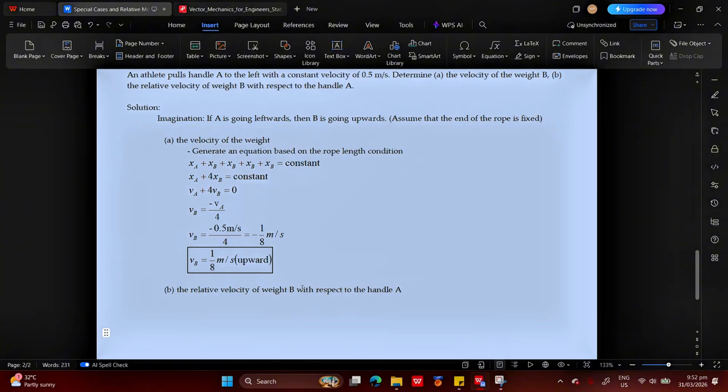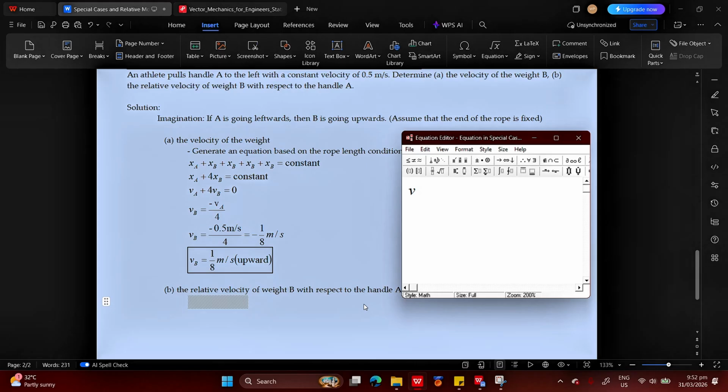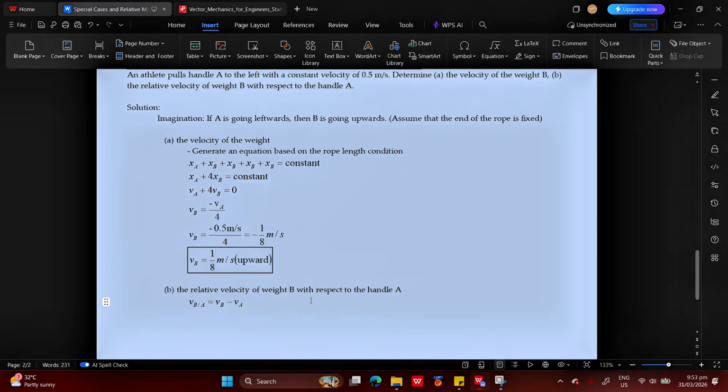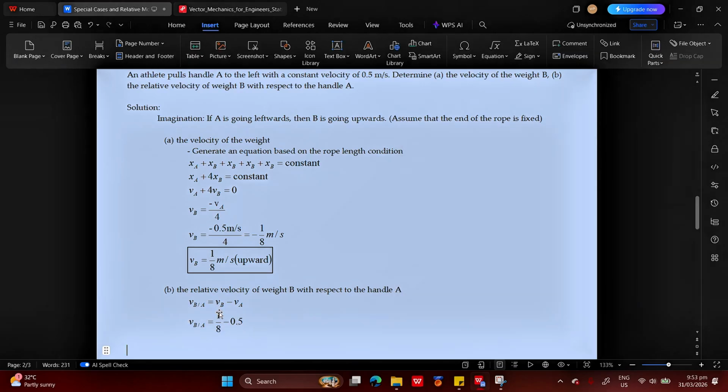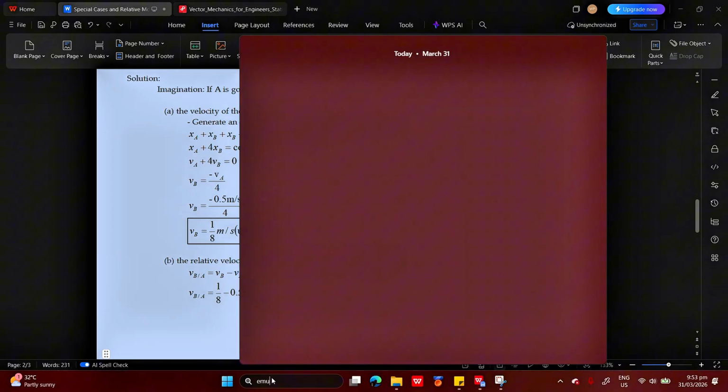How about the relative velocity of weight B with respect to the handle A? Okay, it is very easy. Weight B with respect to A: V_B minus V_A. That's it. So our V_B is 1/8 minus 0.5. What's the decimal form of 1/8, guys? Okay, wait, guys.